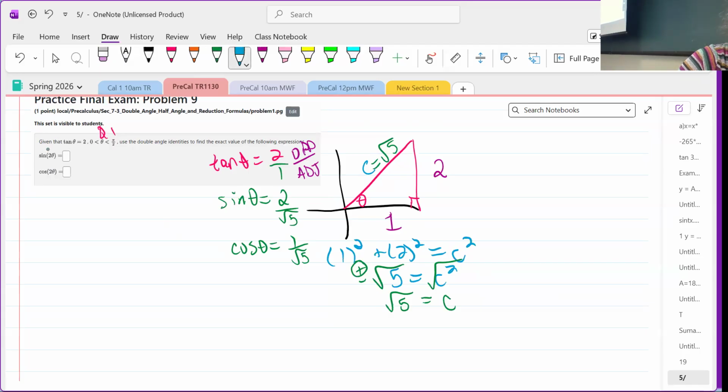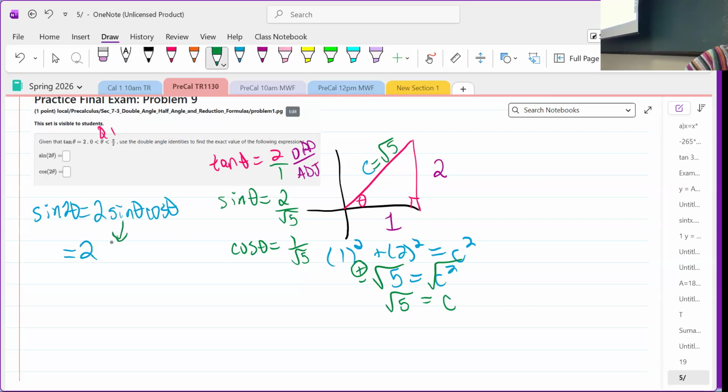Now, to answer our sine 2 theta and our cosine 2 theta, we would go look up the formulas for these. So the sine of 2 theta is 2 sine theta cosine theta. But I know what sine and cosine theta are now.